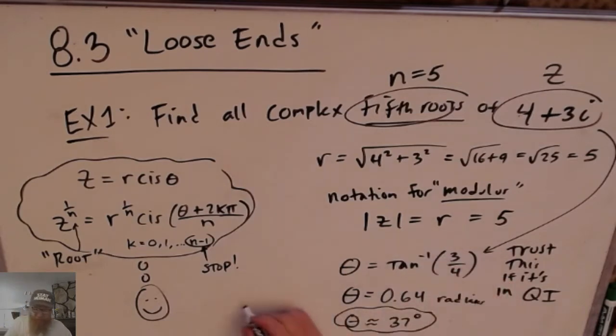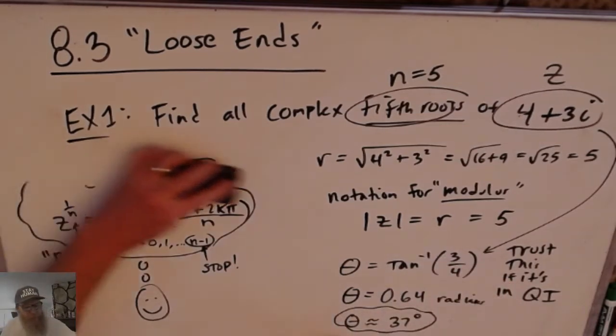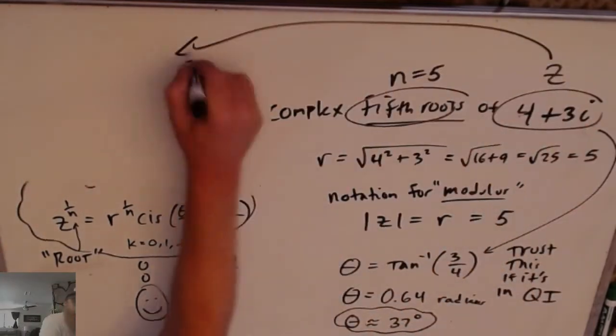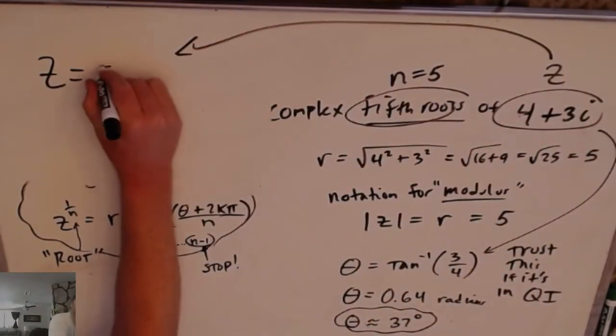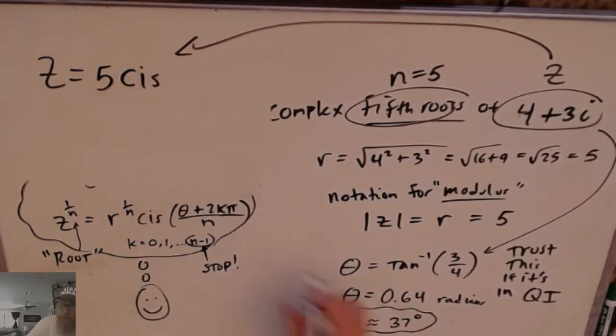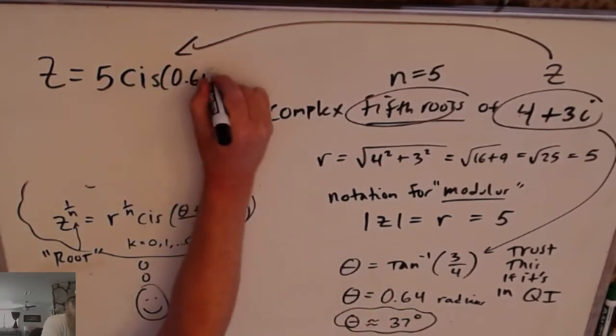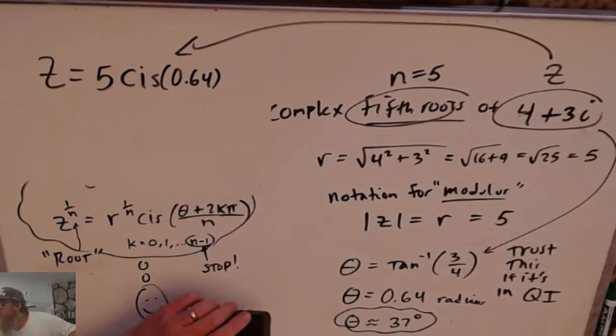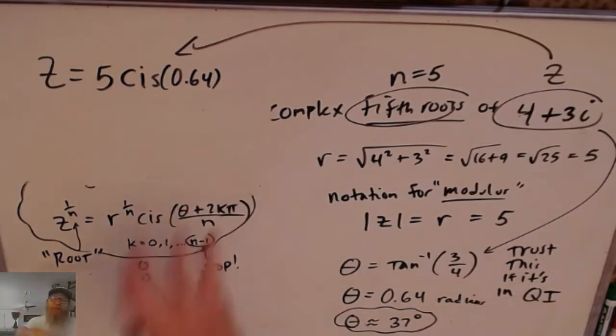All right, so we've got our z. So our z will be 5 cis, using the radian measure, 0.64. It was actually 0.64350111, and I'm just going to say 0.64.